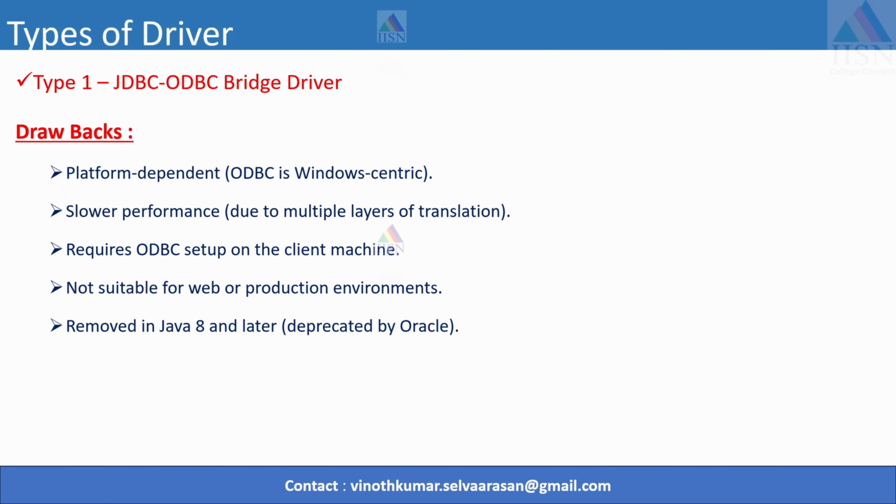We can use type 1 when developing applications for development as well as testing, but it is not recommended for production purposes. So hope you understand what a type 1 JDBC-ODBC bridge driver is.